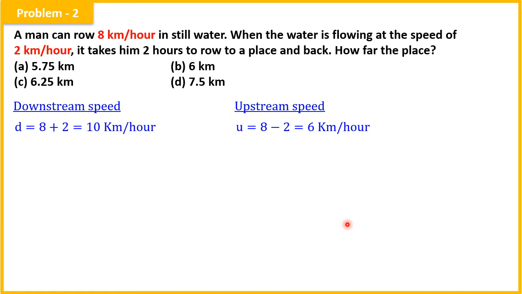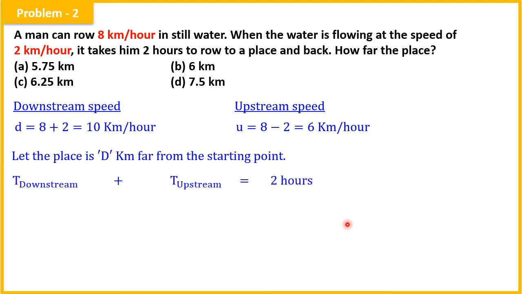Now the question is, if he is going to a certain place and returning back in 2 hours, how far is the place? So I will say here, the place is suppose d kilometer away from the starting point. Now time to go downstream plus time to come upstream back, the total of this is equal to 2 hours.